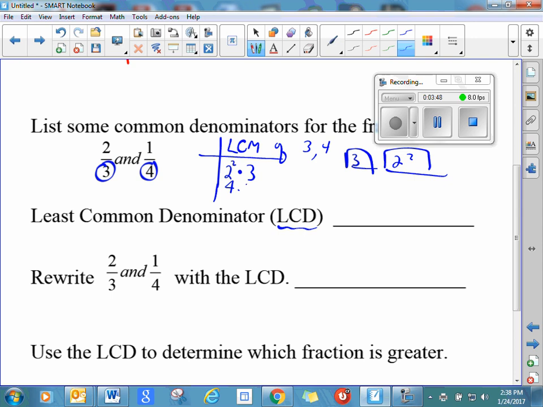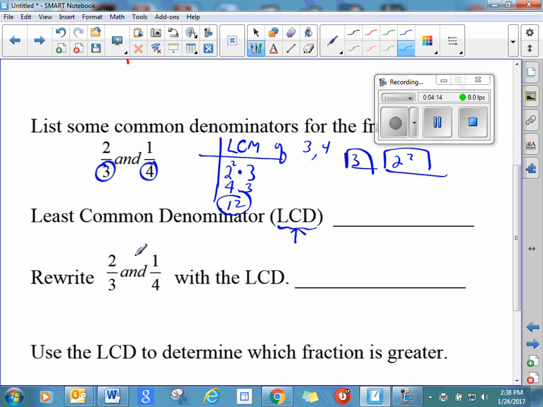That's 4 times 3, and the lowest common multiple, which is the lowest common denominator of 3 and 4, is 12. Now, you might have known that instinctively. You've worked with fractions before, and you've worked with common denominators. But when we don't know what the lowest common denominator is, we find the LCM of the two denominators.